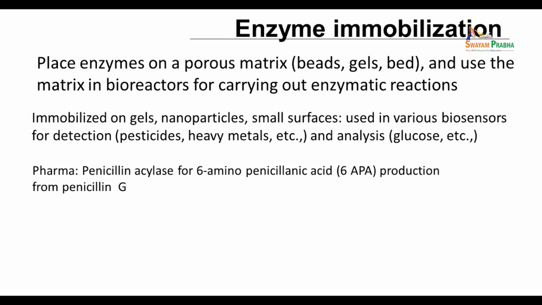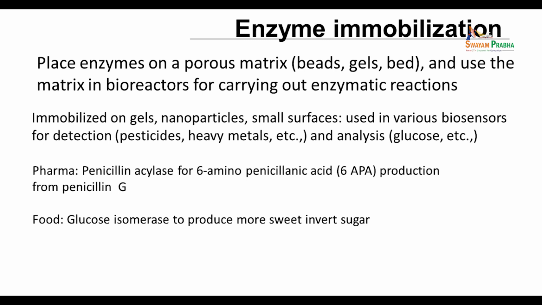Some examples of industrial scale use of enzyme immobilization. In the pharma industry, penicillin acylase has been immobilized, and that immobilized enzyme has been used for 6-APA production from penicillin G. We saw that 6-APA is the preferred antibiotic, and the conversion of penicillin G to 6-APA is done in an enzyme immobilized reactor in the industry.